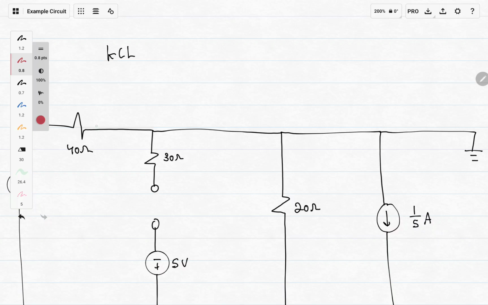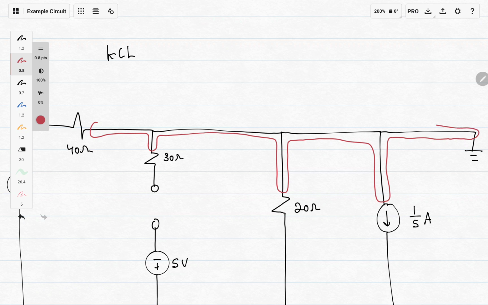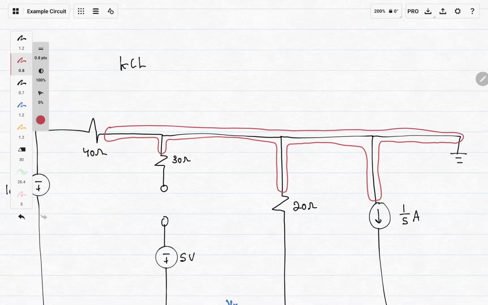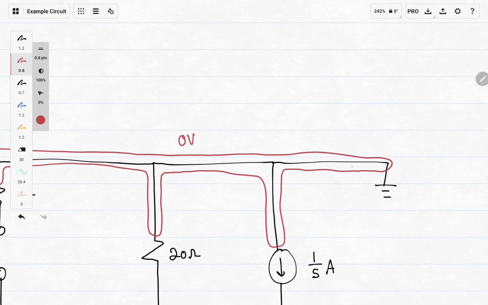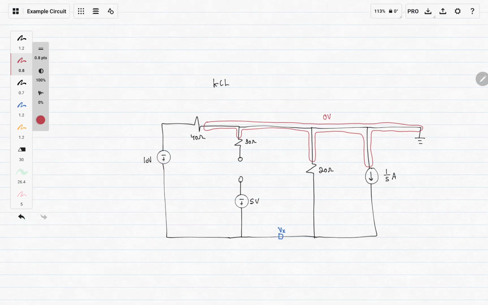Like for ground, the node would be described as what I'm highlighting here, including the ground. But this would be one node, and this node represents 0 volts because it's associated to ground.